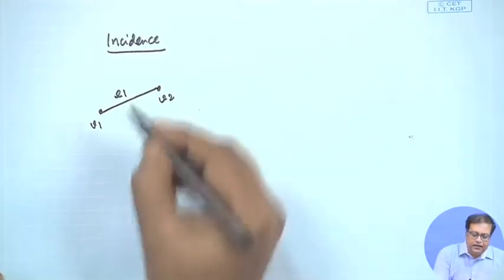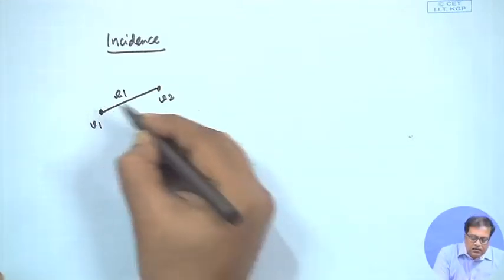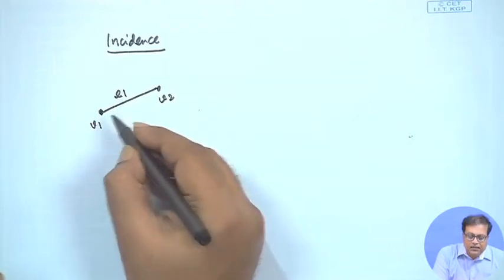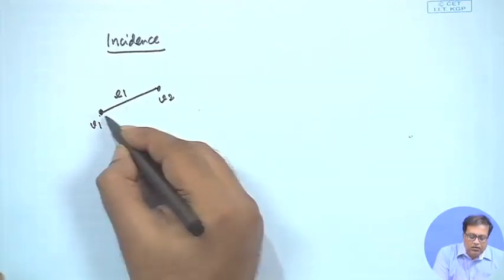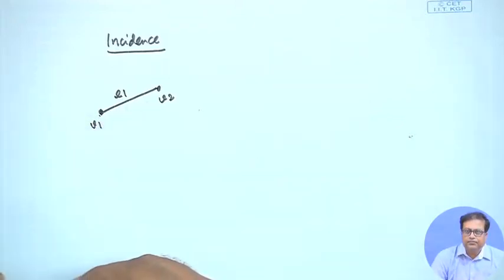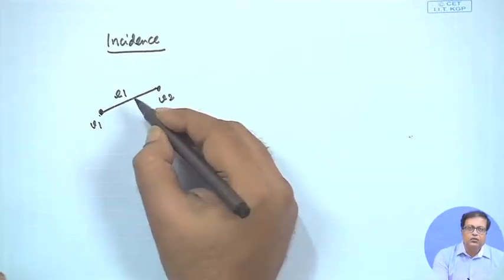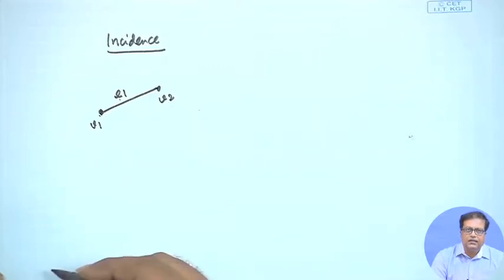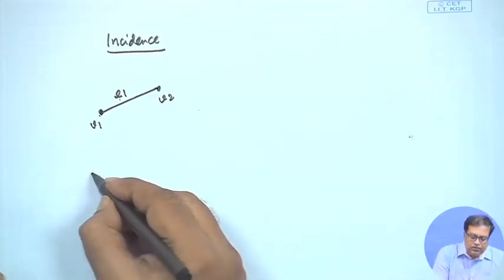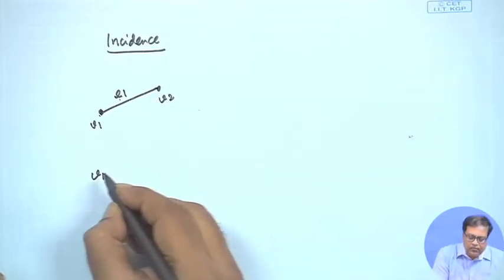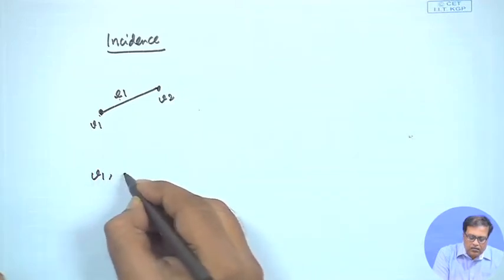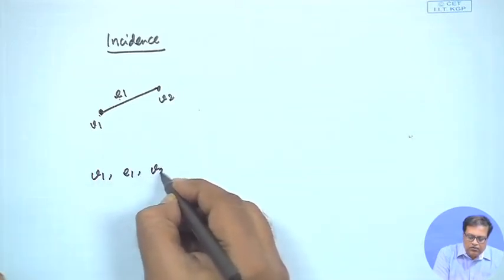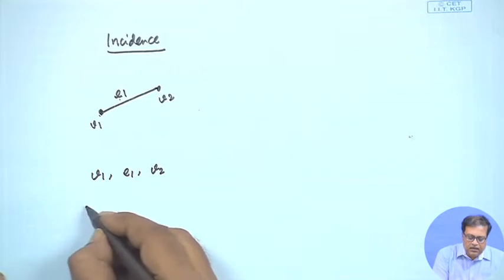So, what happened? This edge E1 is incident on the vertex V1. Is it all right? And also these E1 and V2 are adjacent. So, V1, E1 and V2. What is their relation?